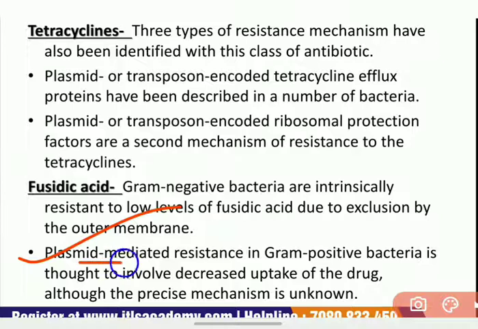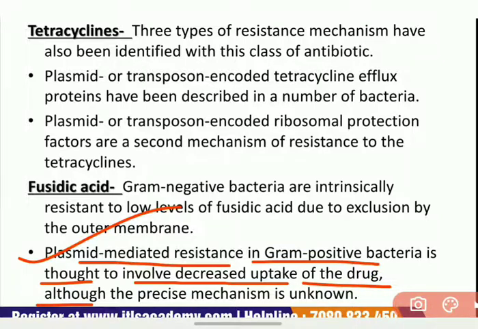Plasmid mediated resistance in gram-positive bacteria is thought to involve decreased uptake of the drug, although the precise mechanism is still unknown.